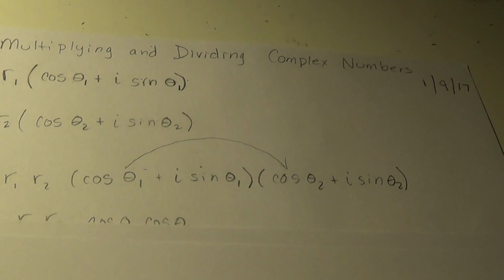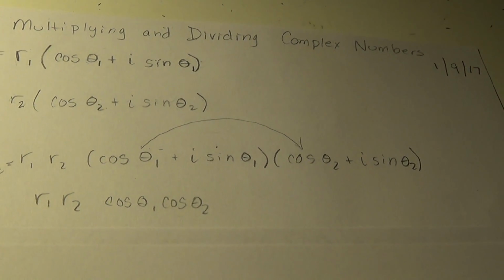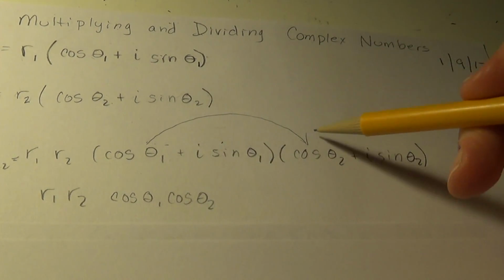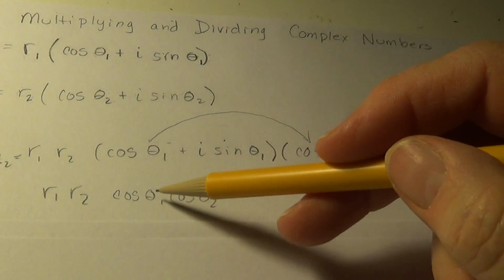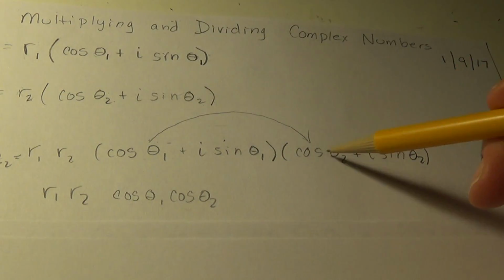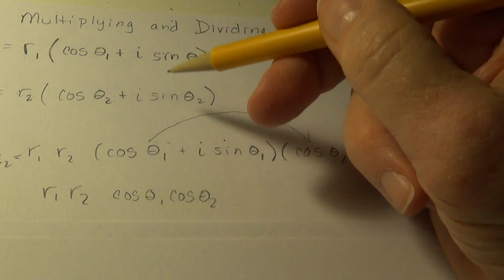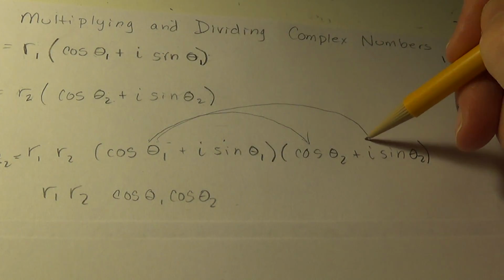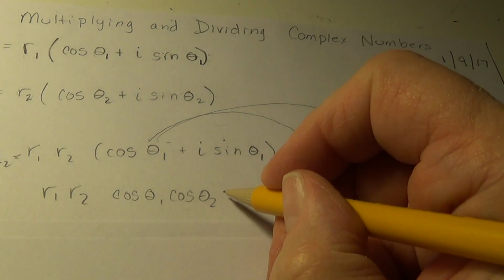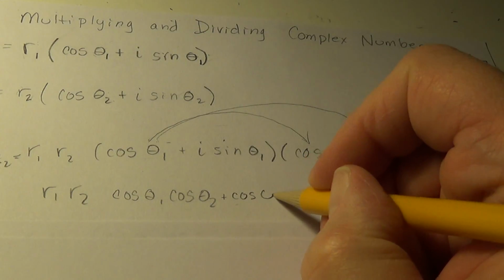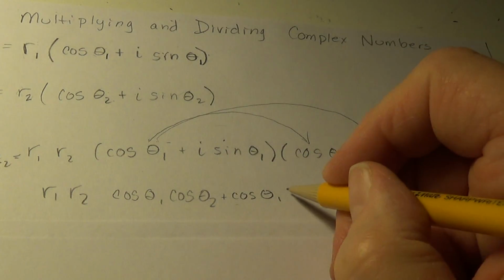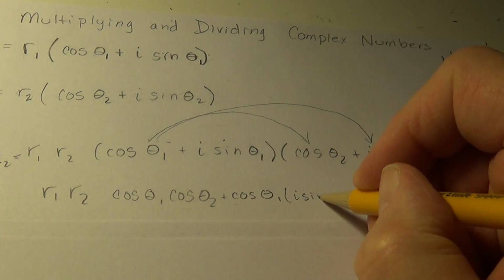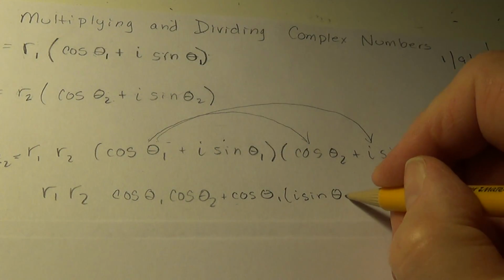First we have first times the first. So I have R1 R2 times cosine theta sub 1 times cosine theta sub 2. Now I'll multiply this times this, and I get plus cosine theta sub 1 times i sine theta sub 2.